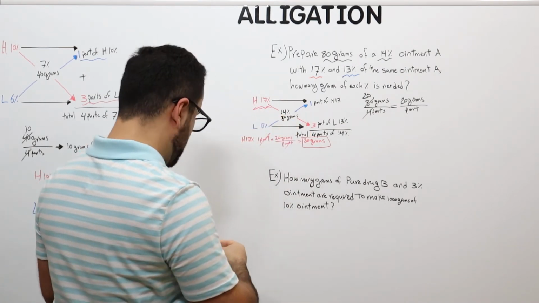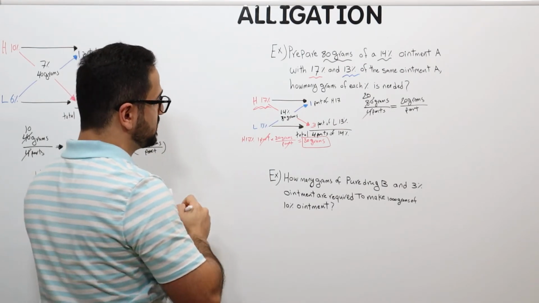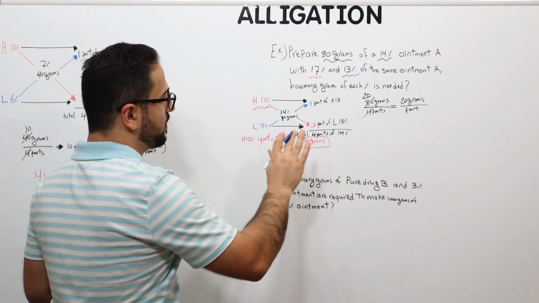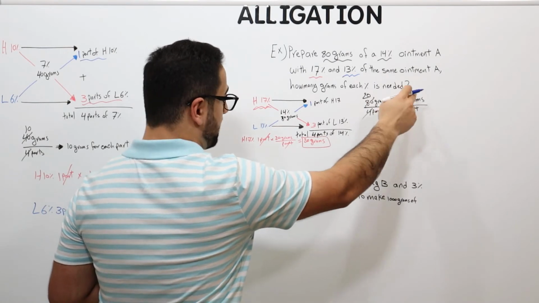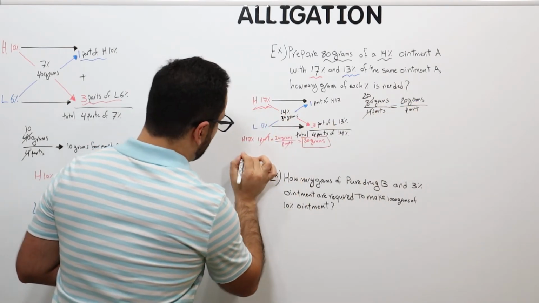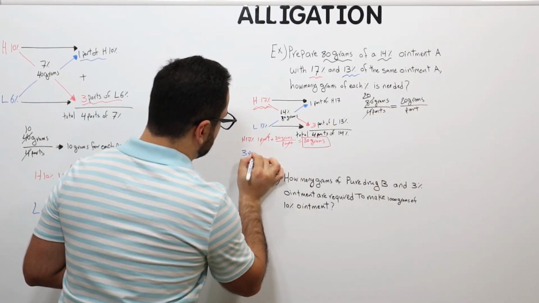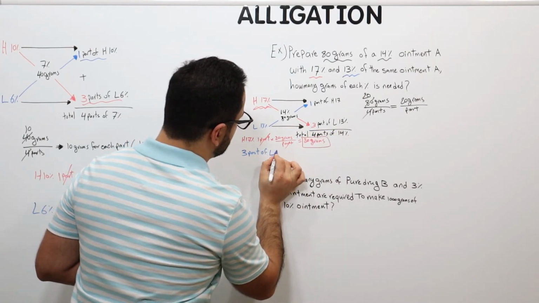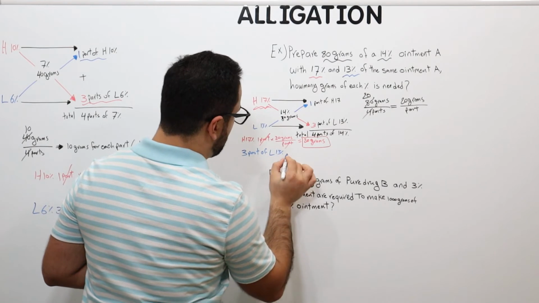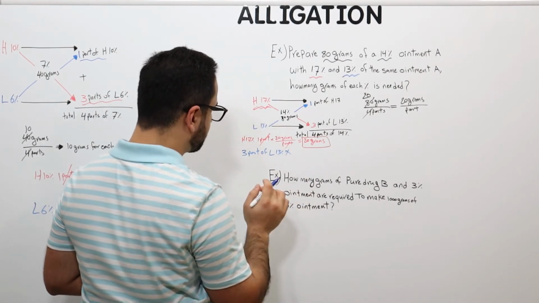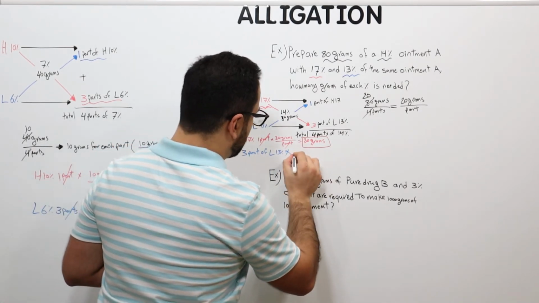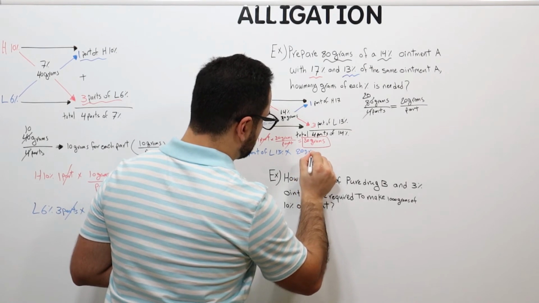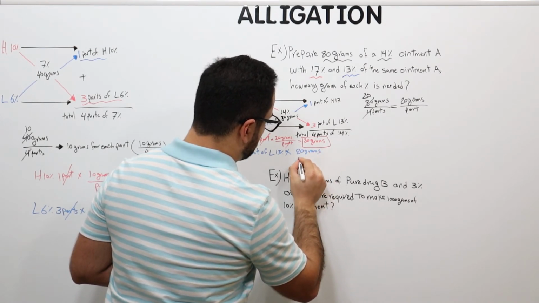Now let's move into the low concentration, which is 13%. So we know we need 20 grams per part. We have 3 parts of low concentration, which is 13%, multiplied by 20 grams over part.